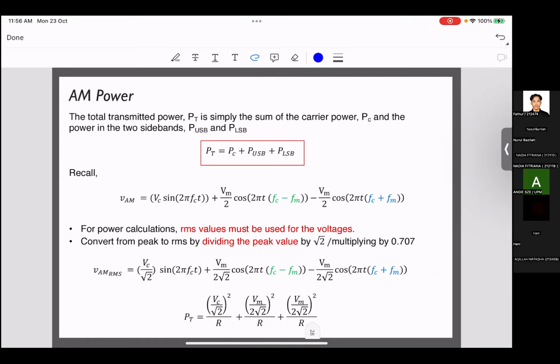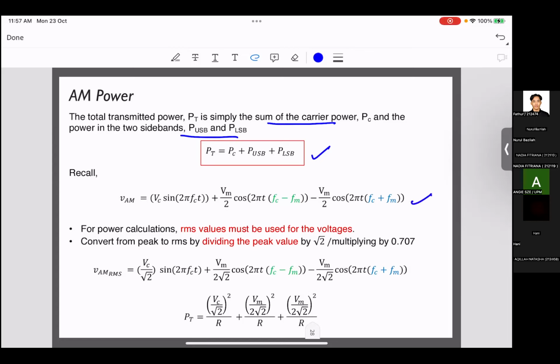Okay, so let's talk about amplitude modulation power. The total transmitted power, denoted as PT, is simply the sum of the carrier power, PC, and the power in the two sidebands, PUSB and PLSB. So this is your equation: PC plus PUSB plus PLSB.